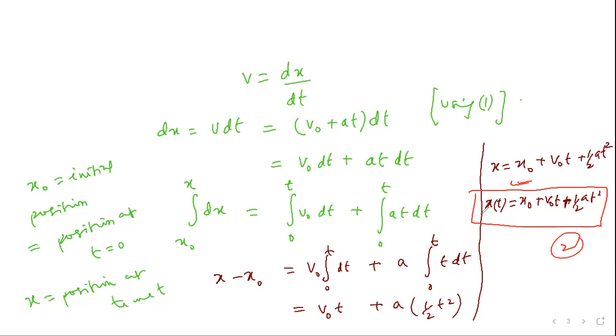There's another approach to solve the problem, which is called a numerical method, in which we use our computers to evaluate the integrals, but not to obtain the functions v of t and x of t, but instead the numerical values of v and x at any time t. I repeat, in numerical method, we use computer to evaluate the integral, and then we find the numerical values of velocity and position at any time t, right?